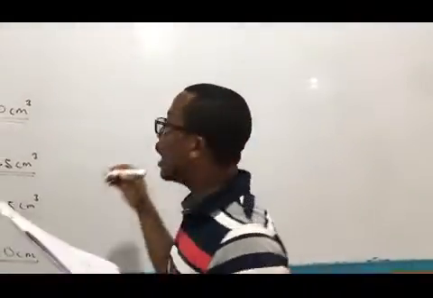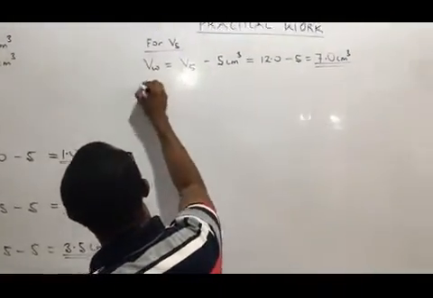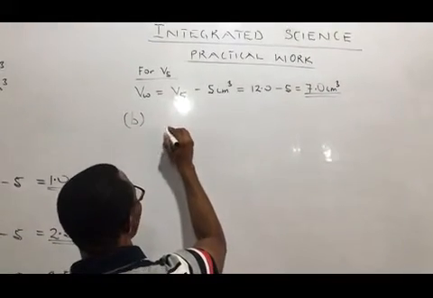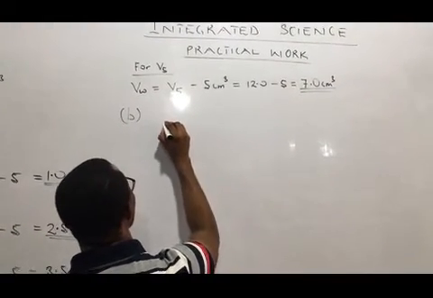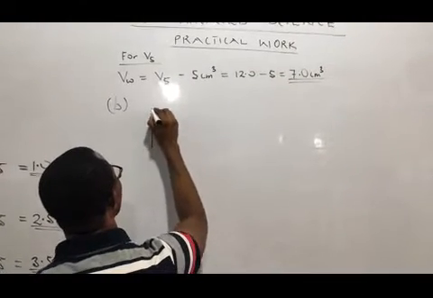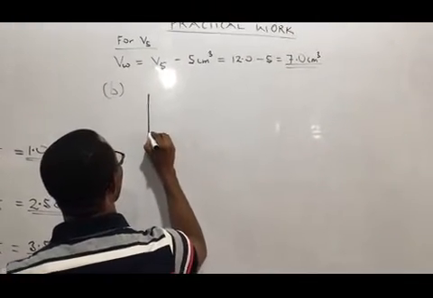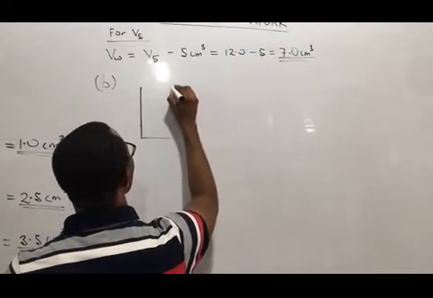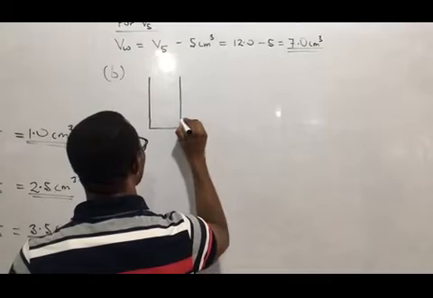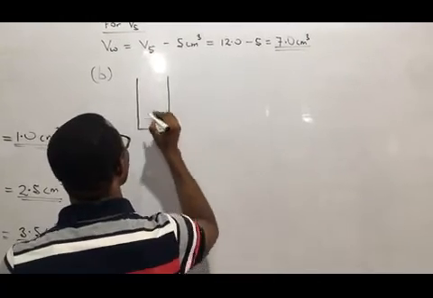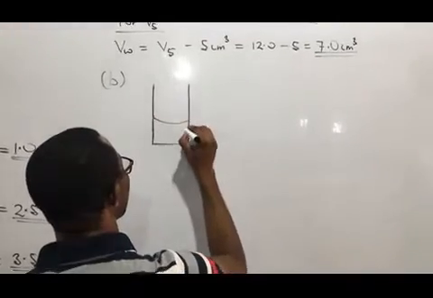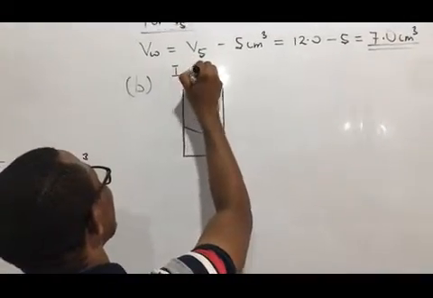So that falls under dilution. So I'm going to put this in a diagram for you to easily understand what is happening. So initially, in the measuring cylinder, I'm drawing this so that you can understand. You have a volume of 5 centimeter cube. So this is the initial solution.